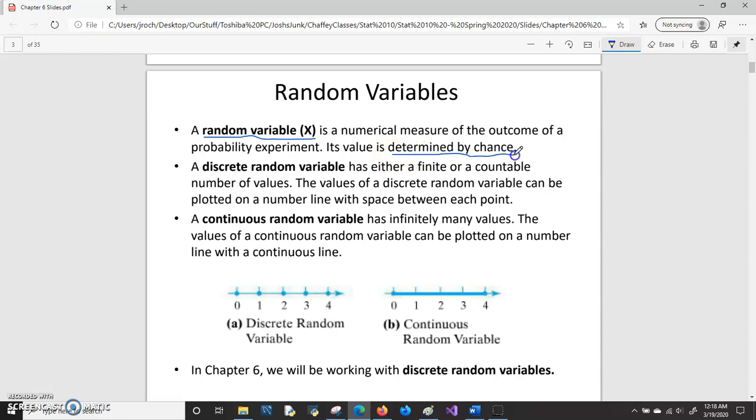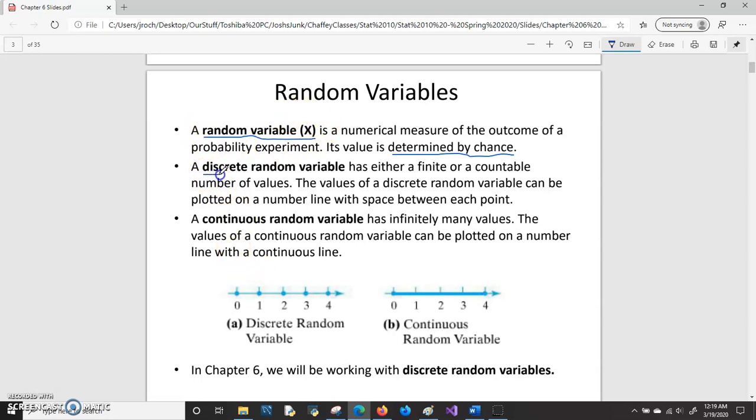So that would include any variable involved in an experiment. In some experiments, there is random assignment that scientists use, or random selection. So whenever you introduce randomness in your experiment, then you're working with random variables.